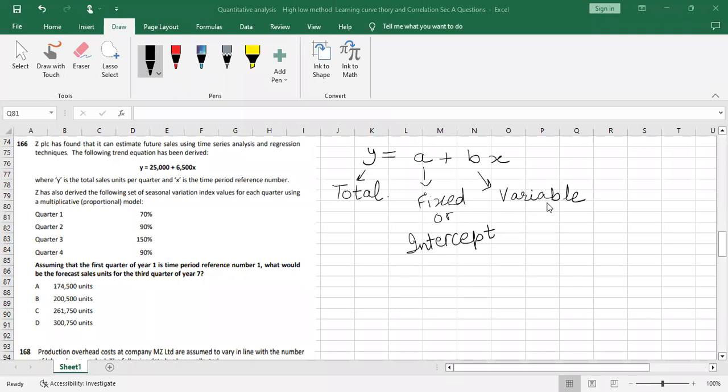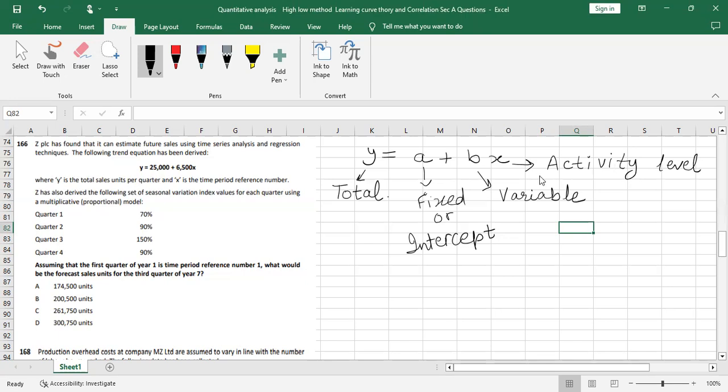It could be variable sales for any specific time period, like variable sales per month, per quarter, per year. B denotes variable. And X is called activity level. So whenever we use the words activity level, it means activity level is denoted by X. So this is called Y is equal to A plus BX.